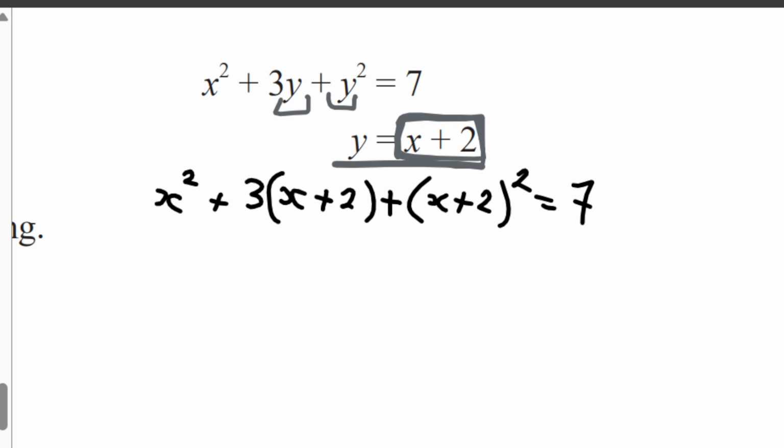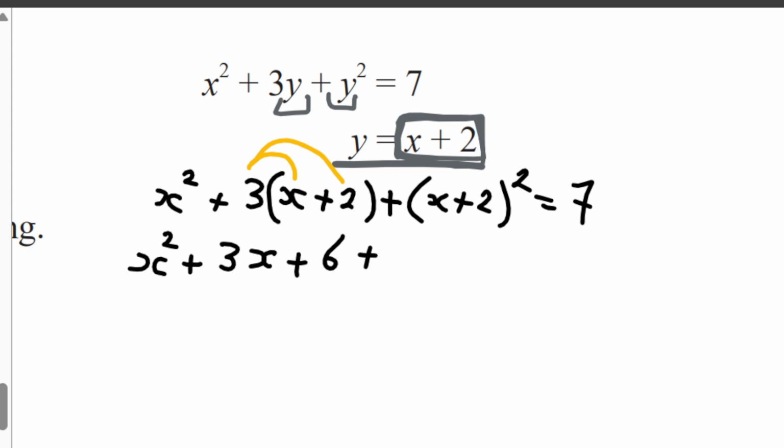Now we'll try to expand, combine like terms and make it look nice. So x squared stays, plus multiply the 3 inside: 3 times x is 3x, 3 times 2 is 6, plus.